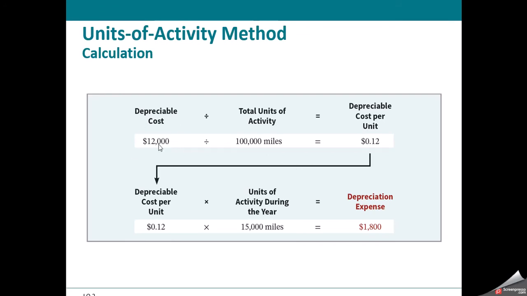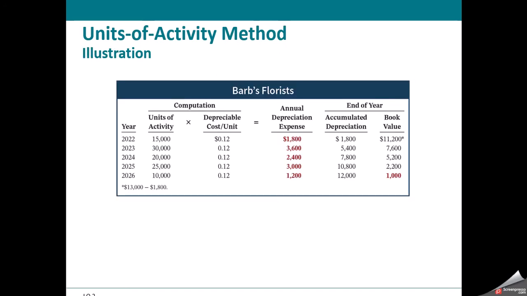So if our depreciable cost, the cost that we're charging off to expense over the life, is $12,000, and we estimate we're going to drive this truck for 100,000 miles, we are going to charge to depreciation expense 12 cents for every mile that we drive. So if we drive 15,000 miles in year 1, we take that 15,000 miles times the 12 cents, and that's how much we're going to charge off to depreciation.